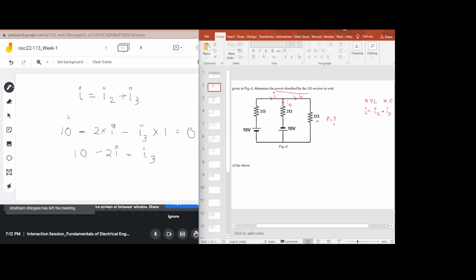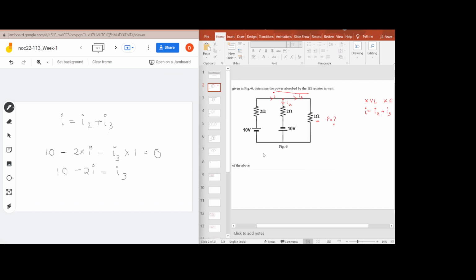Okay, so now when we apply KVL across this smaller loop, it will be 10 minus 2I. Then we come across this resistor, that is equal to 2I2, plus 10 equal to 0, right?